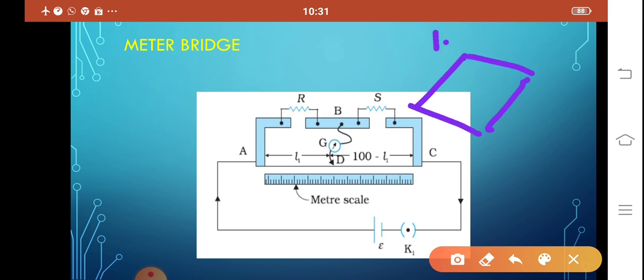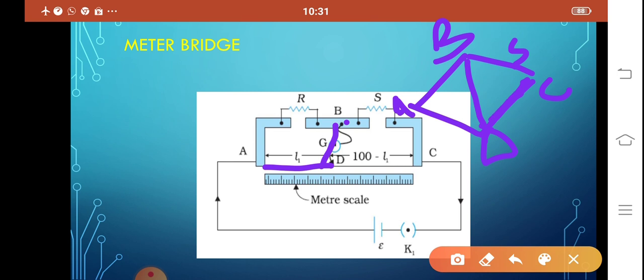This point is B and this point is D. This is A. Between A and B, this resistance. Between B and D, galvanometer. Between B and C, S, and here unknown resistance, here another resistance 100 minus L.